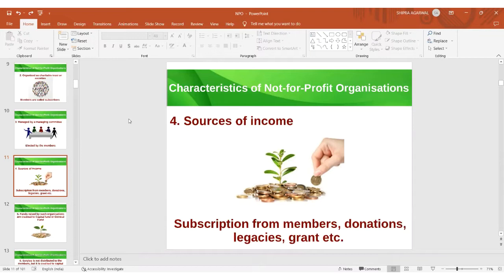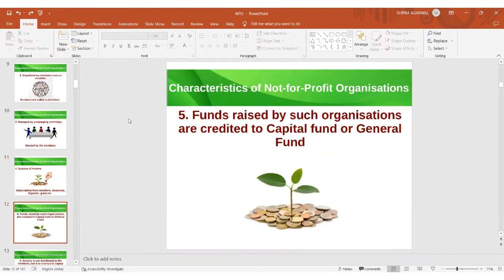And with respect to legacies, if suppose a particular member or a person has left some amount or maybe some property in his or her will, and it has been written in the name of the particular NPO, then that also becomes a source of income for the non-profit organizations.